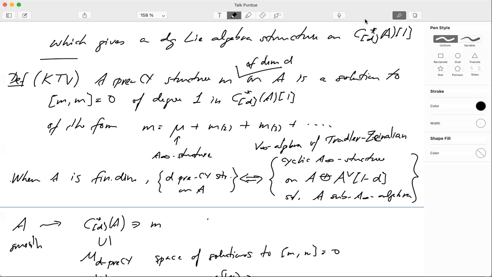This still does not give the Goresky-Hingston thing, right? I don't know how to produce the DG... is that the prop action on the Hochschild chains of a pre-Calabi-Yau algebra that you guys have? It's going to be some sort of moduli space of surfaces type thing. I think so, right?